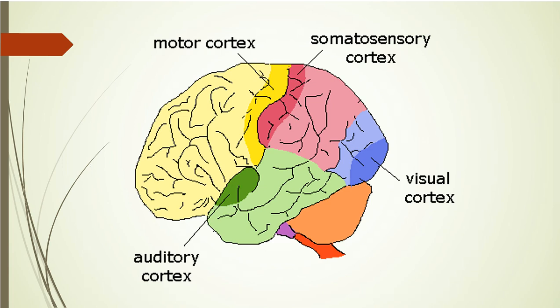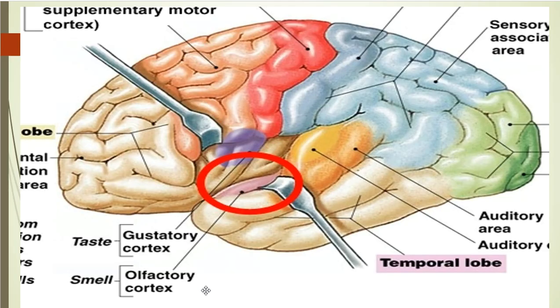Then we study the olfactory and gustatory cortex. Here we can see the olfactory cortex, and here the gustatory cortex. It occupies the uncus of the parahippocampal gyrus.